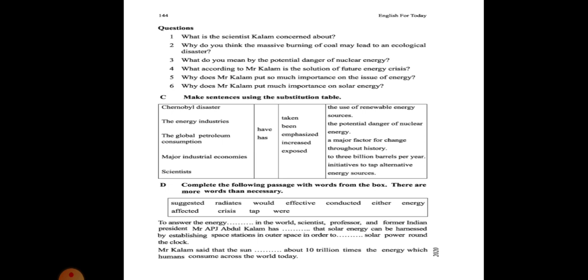You will have to answer these sorts of questions in your exam. In question number 6 you will find the table matching, and in question number 3 you will find a text where you have to fill the blanks. So this is very important, and you have to solve these questions.